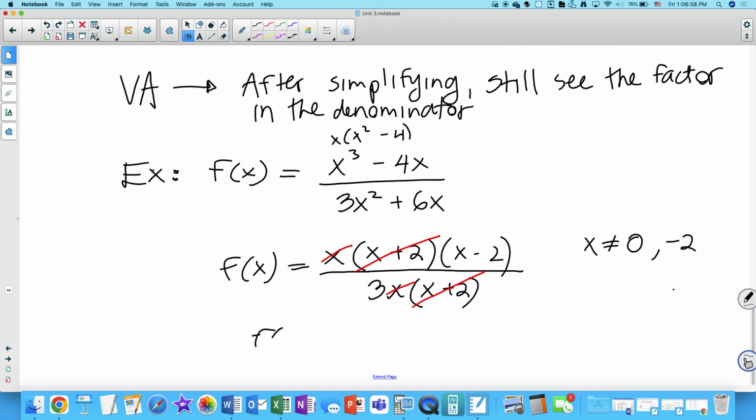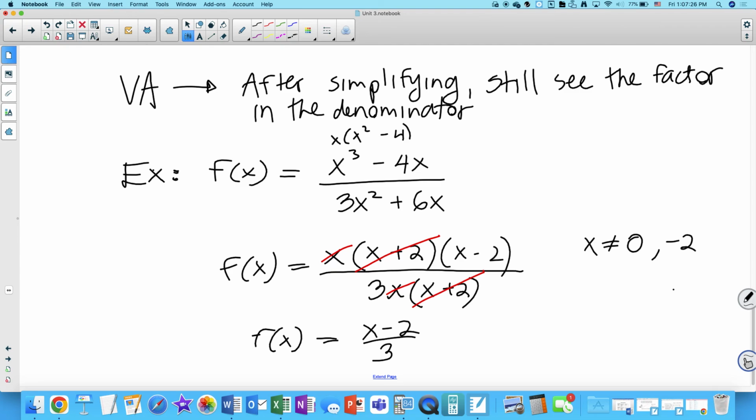Okay, so if the simplified version does not contain those initial non-permissible values, that's when you're going to see a hole. Okay, but if you simplify and you can still see why that non-permissible value is there, even after simplification, that will be a vertical asymptote.